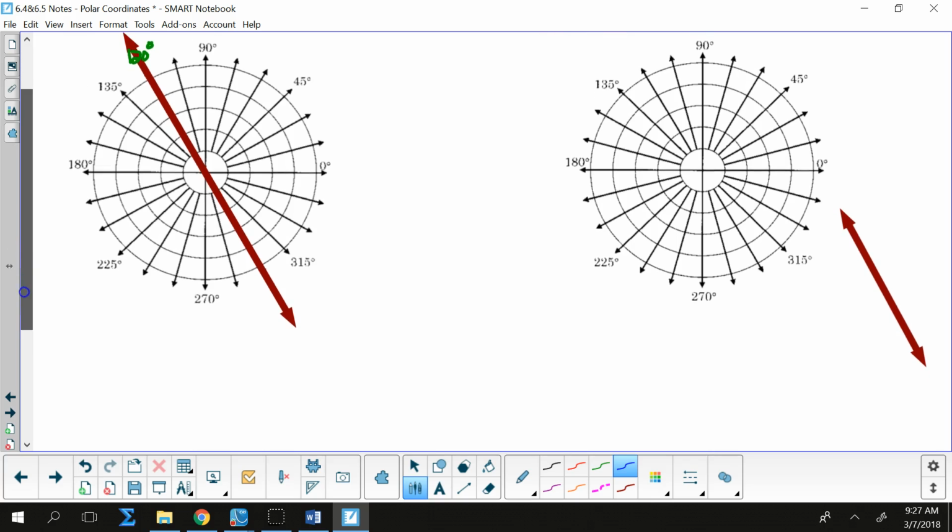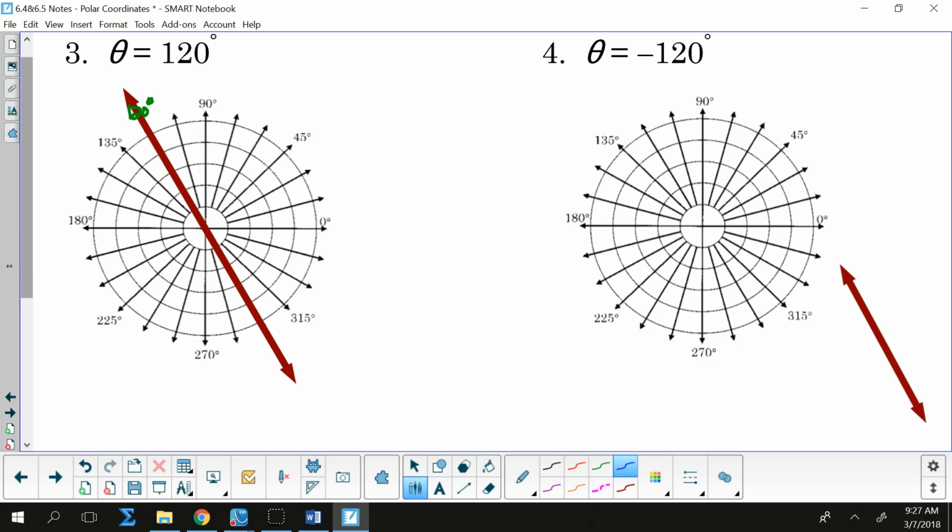Converting it, remember we learned the tool yesterday that the slope of our line is the tangent of theta, and the tangent of theta here at 120 is going to be the square root of 3 over 2 divided by negative 1/2, which is negative square root of 3.